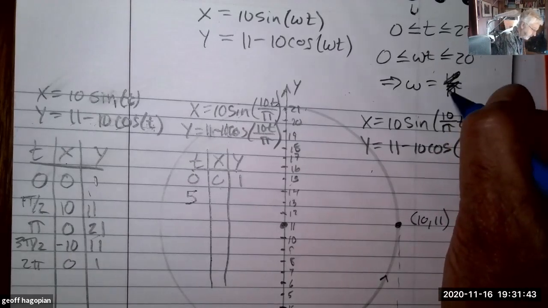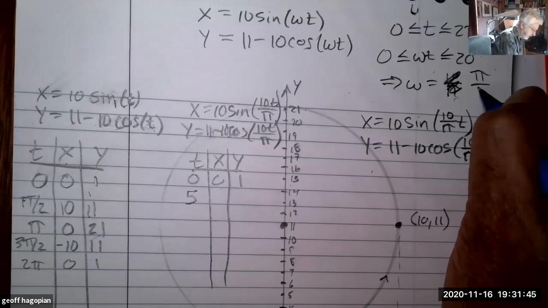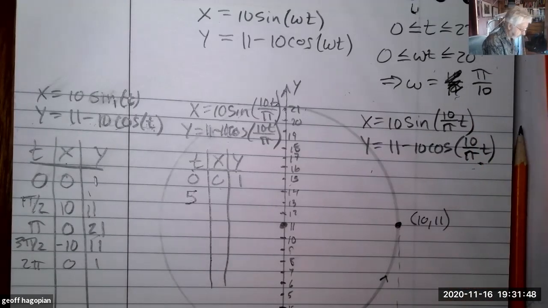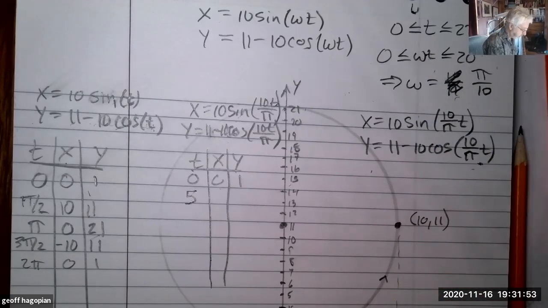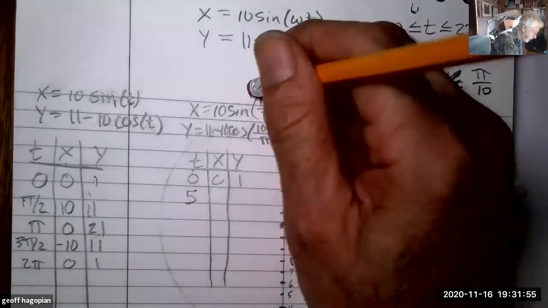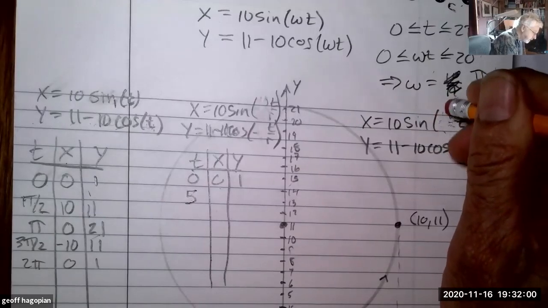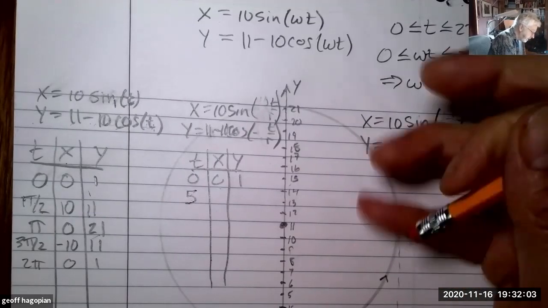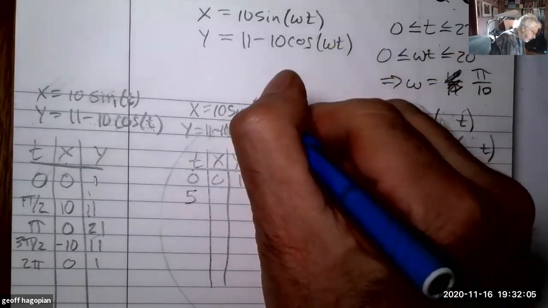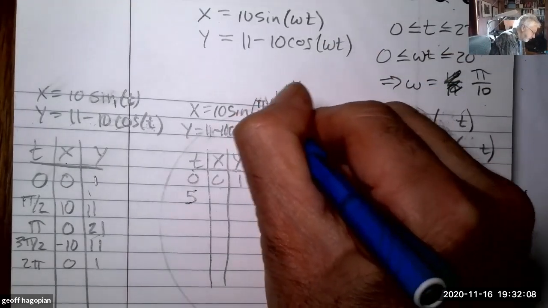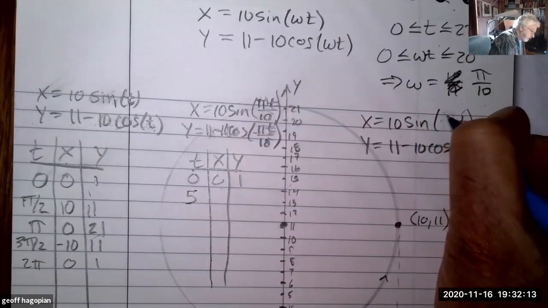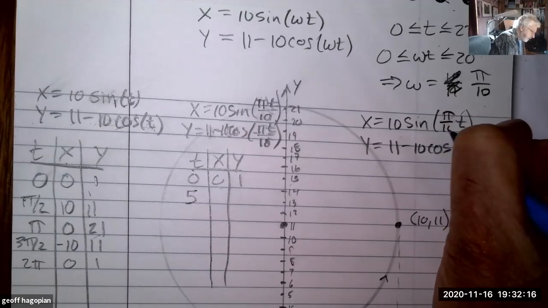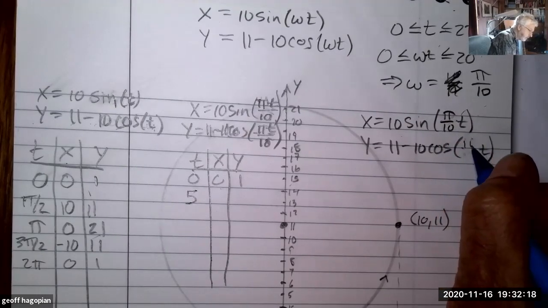So yeah, it should be pi over 10. Yeah, okay, obviously, right? So when t is 20, this would be 2 pi. Is that what you were thinking? You were wondering why I was doing this the wrong way about? Okay, well, let's fix these guys. So this is pi t over 10, pi t over 10, and this is pi over 10, and this is pi over 10.